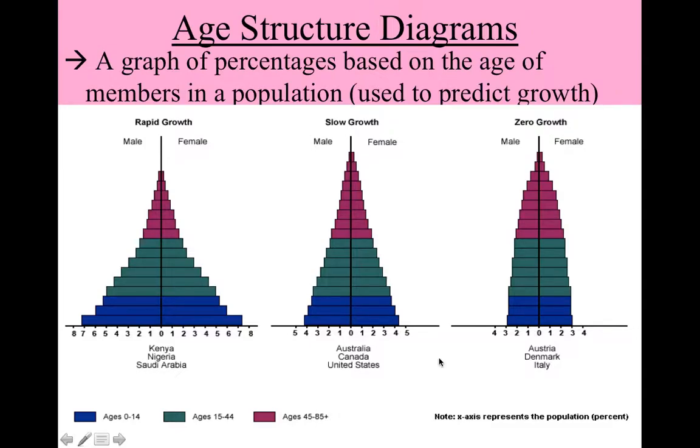So go back, you should be watching these in order. I talked about how culture is a big part of how fast we reproduce and our birth rate. So in these cultures, there is a lot of expectation for younger girls, even girls your age, to be marrying older men and having children at a very young age, as well as in other cultures.